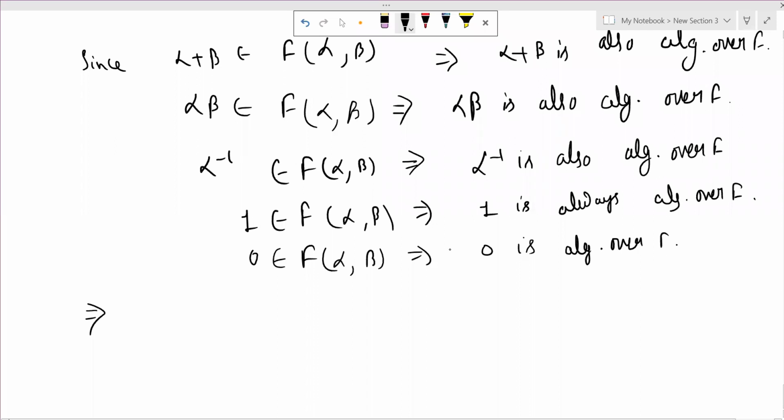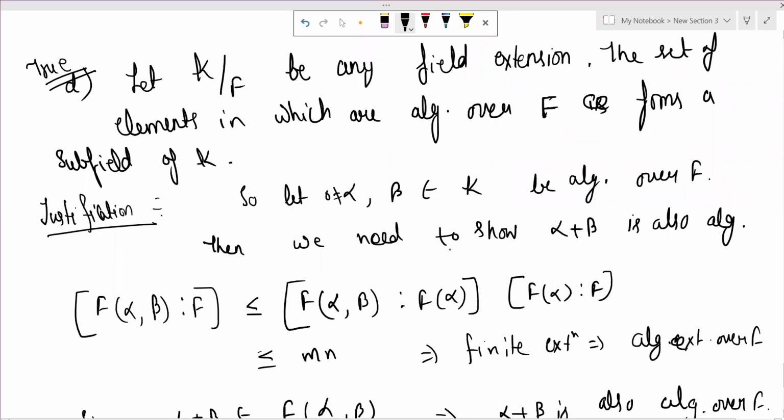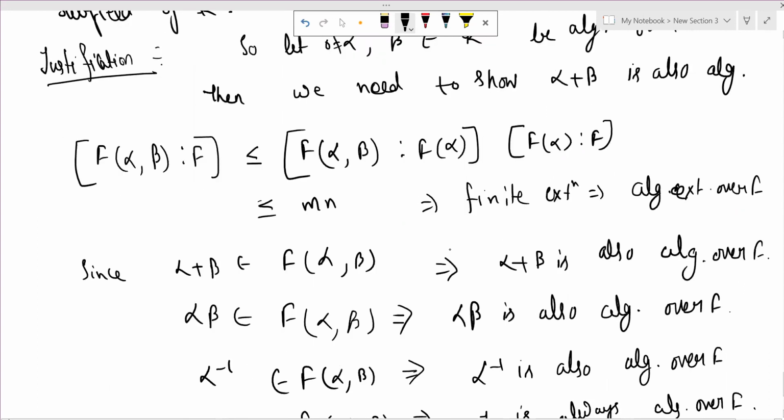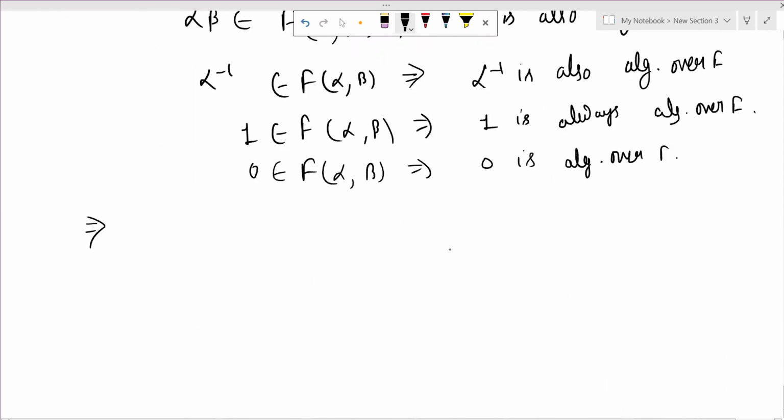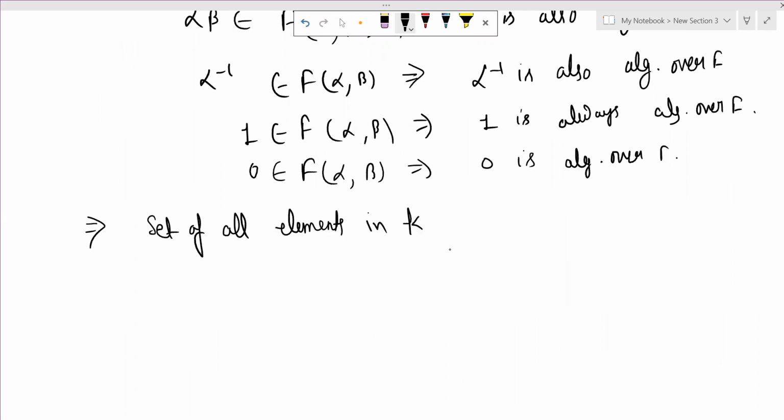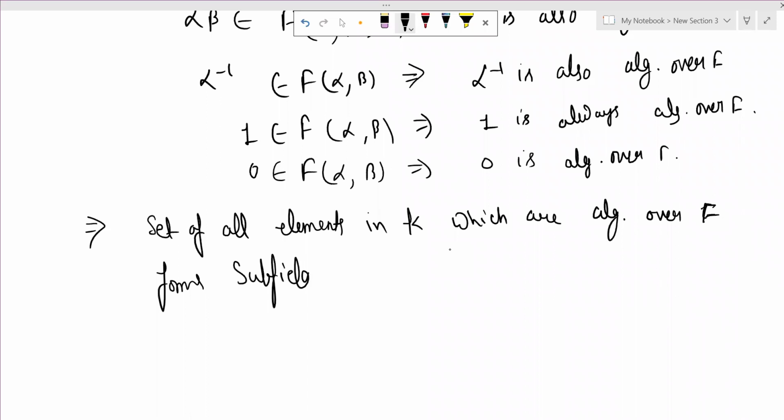So what we need to prove is that the set of all elements in K which are algebraic over F forms a subfield of K. Done.